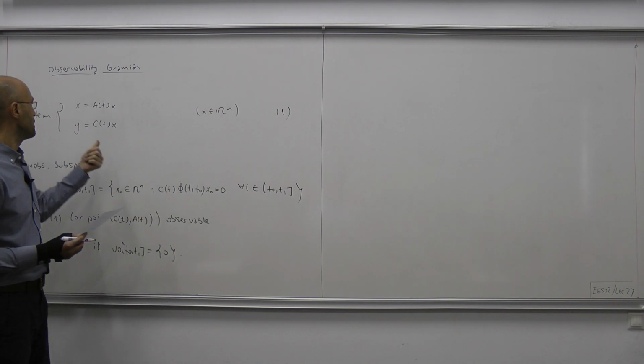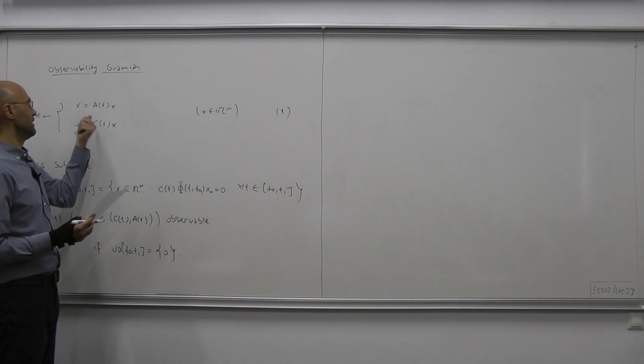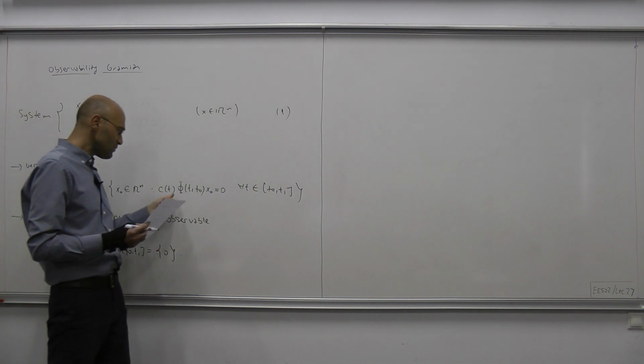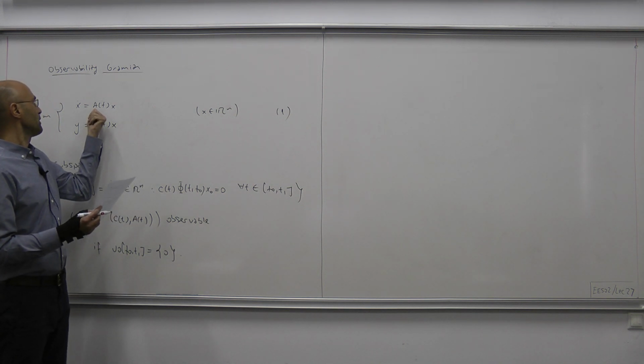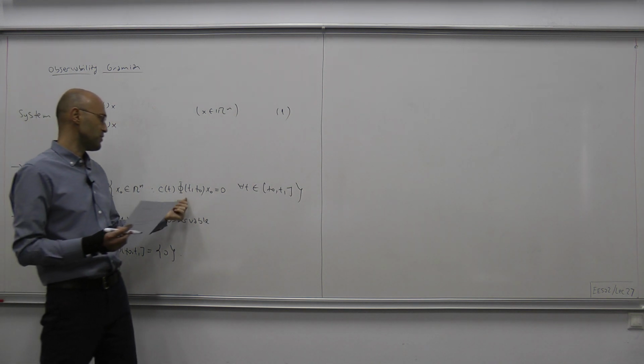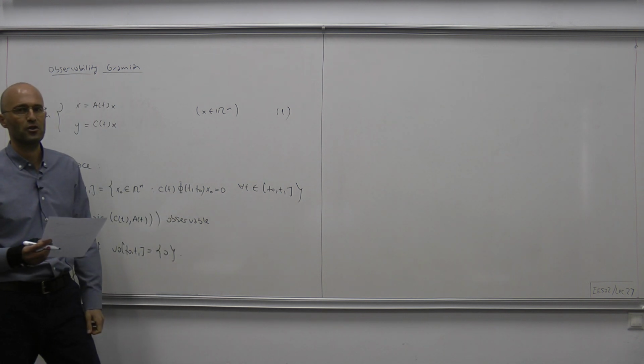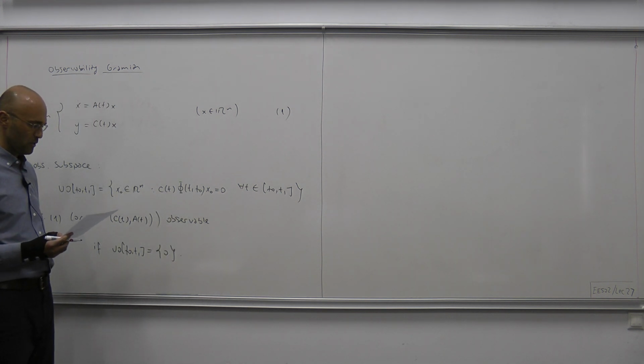And if you know the initial condition of your system, clearly you can figure out the solution for all times, because you know the system parameters. Therefore, you know the state transition matrix, and the state transition matrix times the initial condition produces x of t.